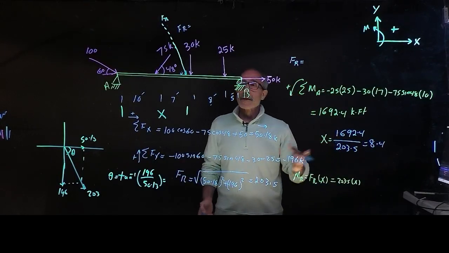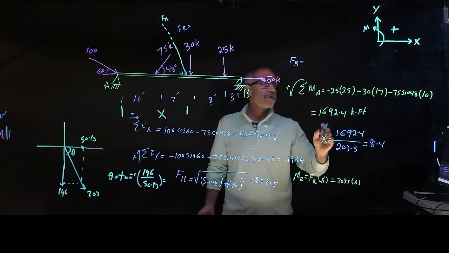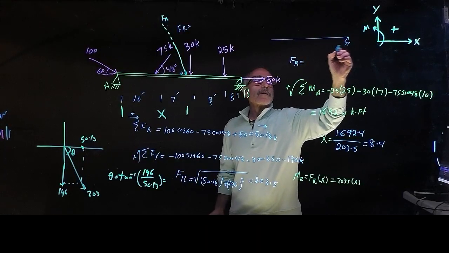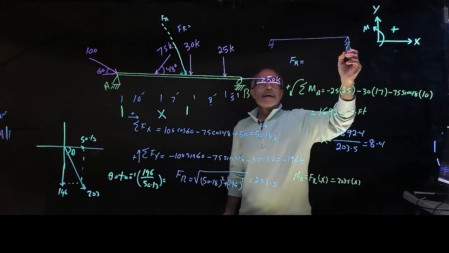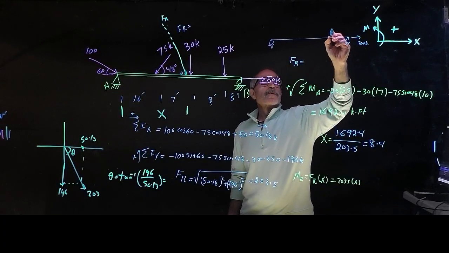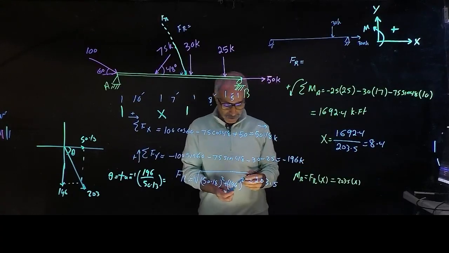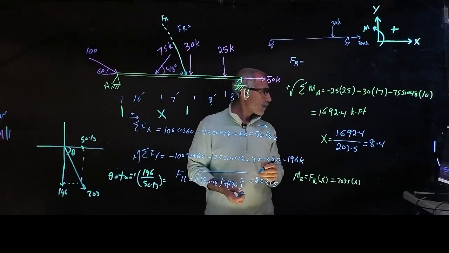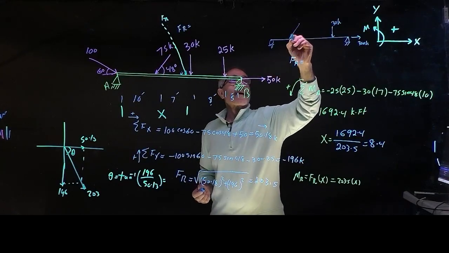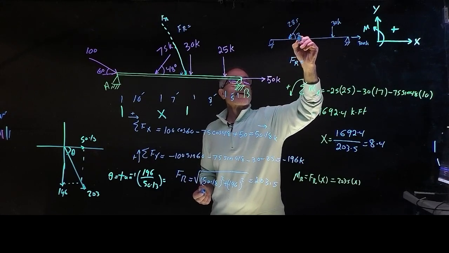That's it. So now I want you to practice this. You do the same thing. I'm going to go ahead and draw a line for you here. Do this one. You've got a beam here, and make this 300 kip, and let's put a 30 kip here, and put 285 at an angle of 30.